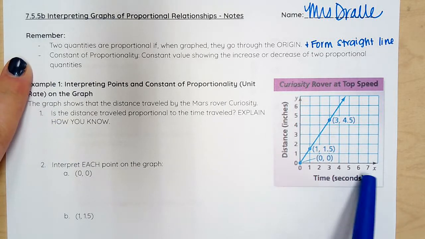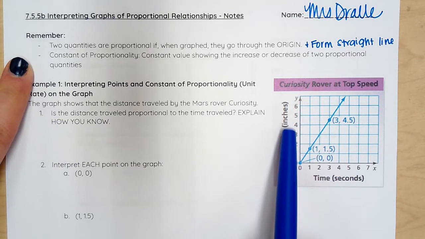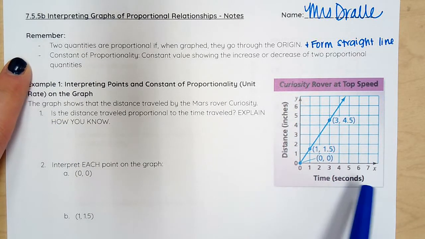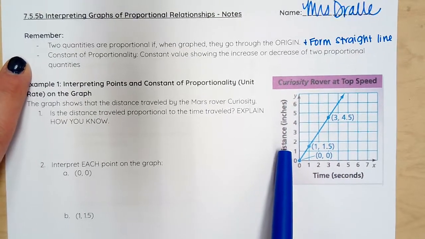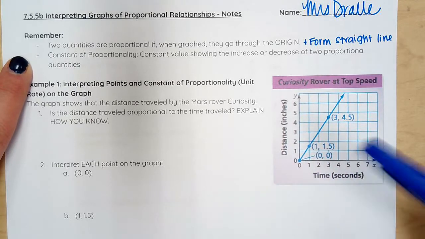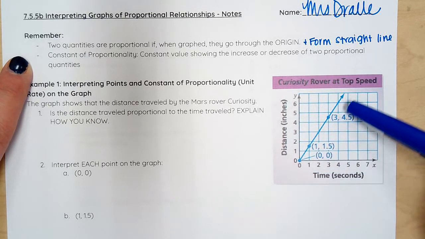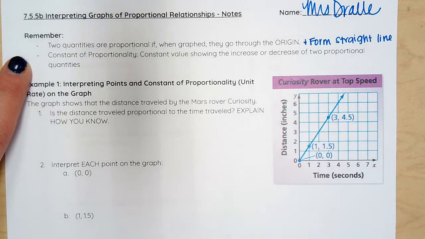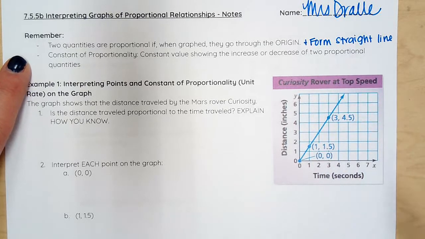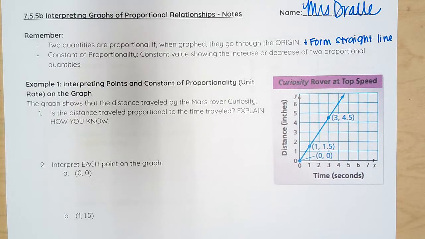Down here we have time and distance, and we want to know if these two are proportional to each other. So we look at the line that they create. Is this line proportional? How do you know?